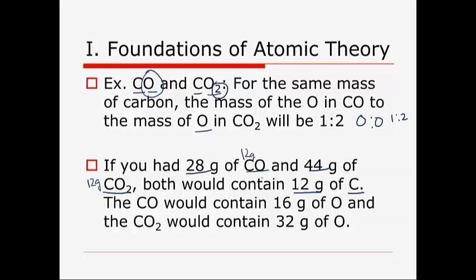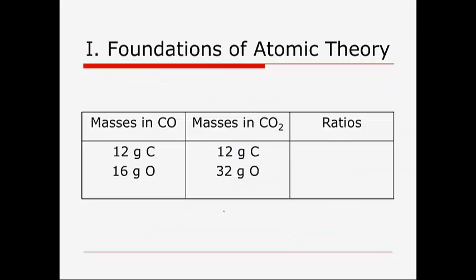Now I can compare the masses of oxygen and oxygen. The CO would have 16 grams and the CO2 would have 32 grams. So, before we can compare oxygen to oxygen, the carbons have to be the same mass, 12 and 12. Then the ratio of the oxygens will be 16 to 32, or a 1:2 ratio.